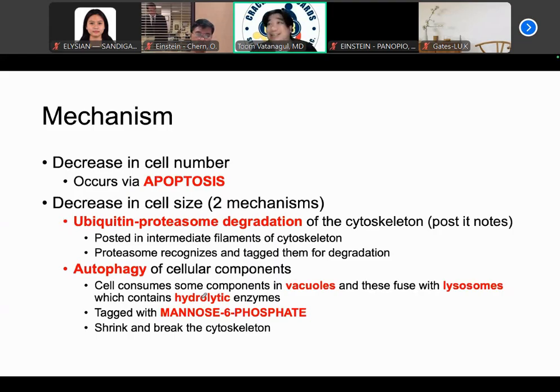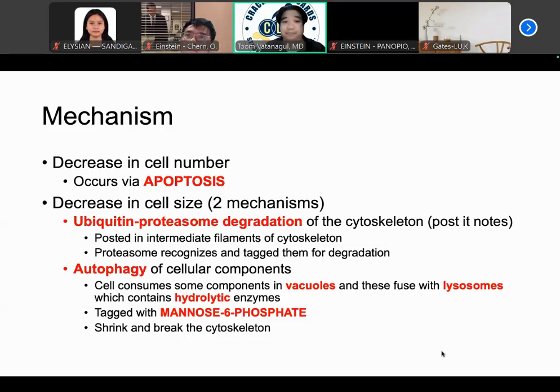There's also a decrease in the cell size. So the decrease in cell number is based on apoptosis. The decrease in cell size is by 2 mechanisms which you need to memorize: the ubiquitin proteasome degradation and autophagy. Again, what is the mechanism in the decrease in the cell number? I want to hear it from you.